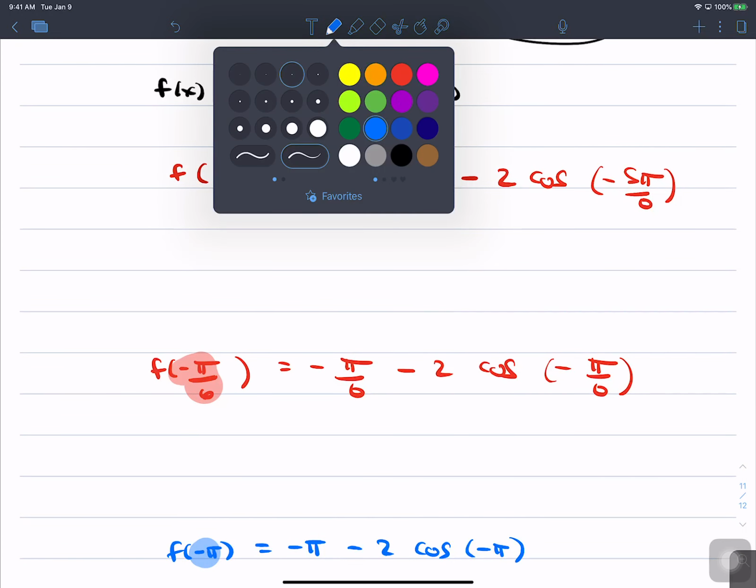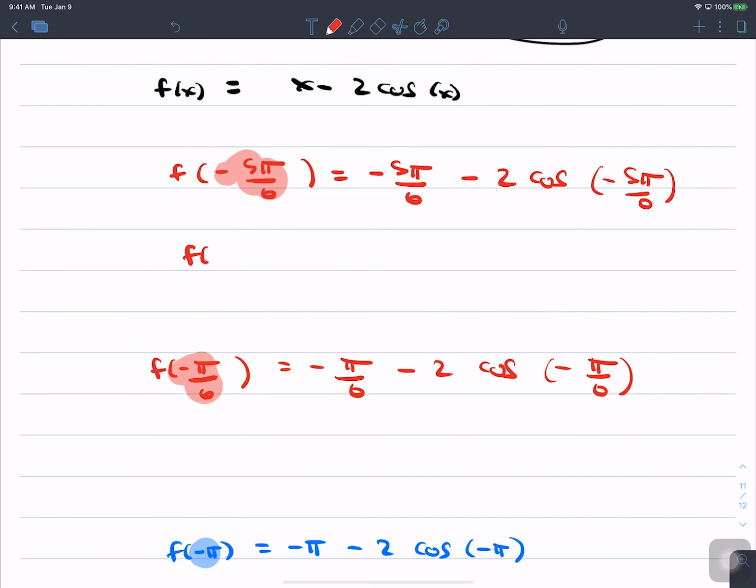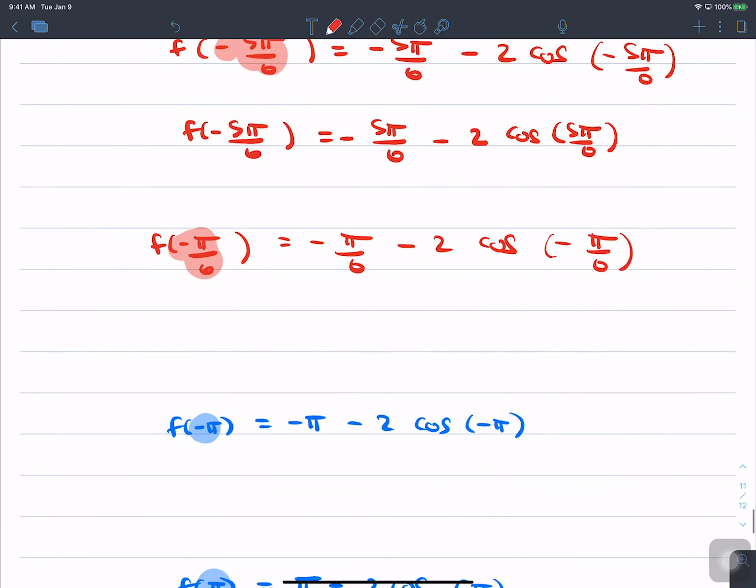Okay, so I just want to remark to people here that f of -5 pi over 6, I'm going to clean this up a little bit. I'm going to use the fact that cosine is an even function. That means I could just take minus 2 cosine of 5 pi over 6. And then over here, same thing.